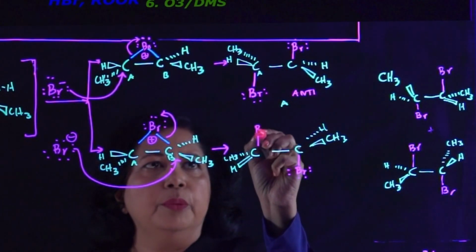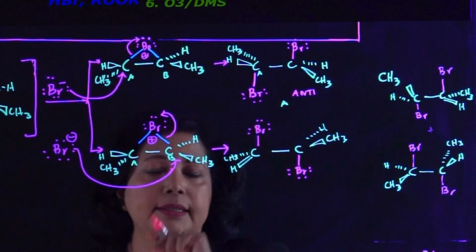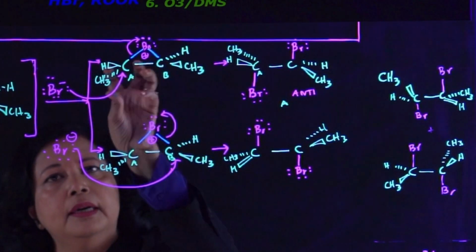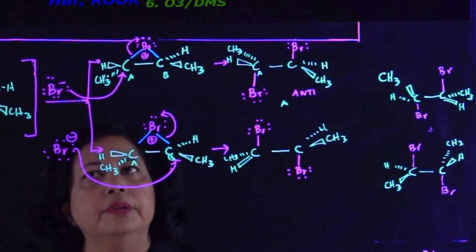And you will get your bromides adding anti. Why? Because the Br minus cannot attack from the top. It has to attack from the bottom.